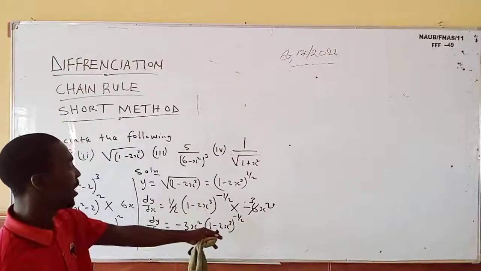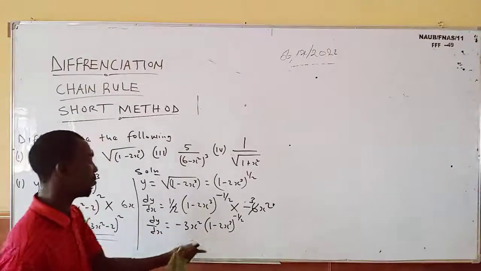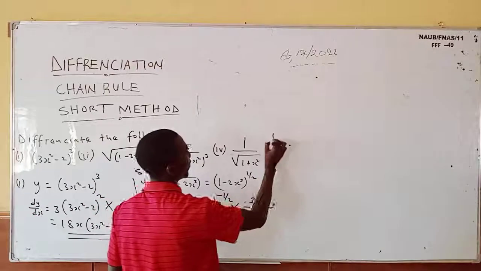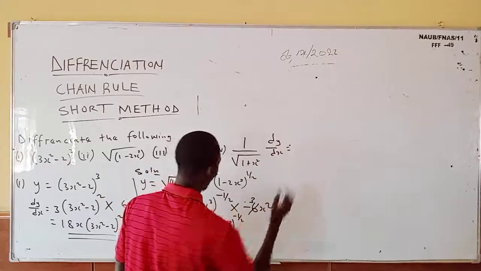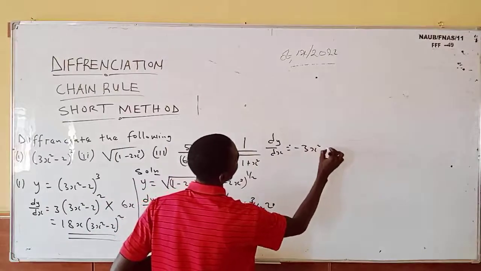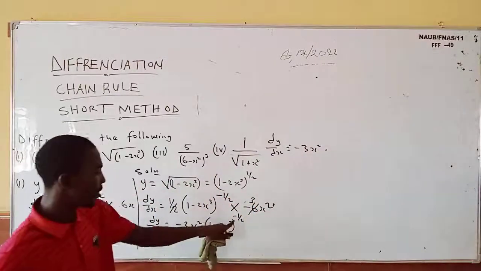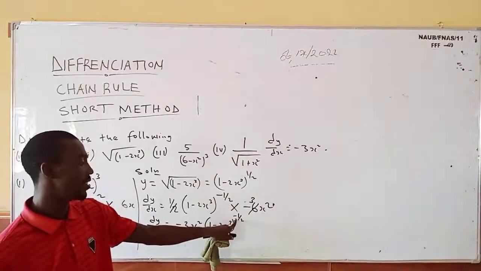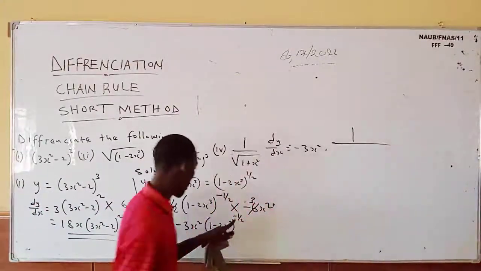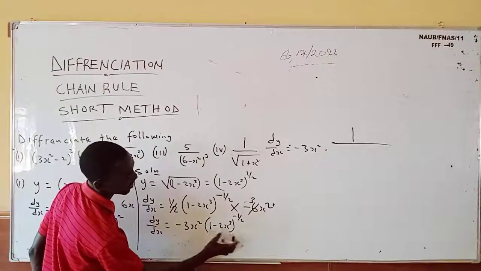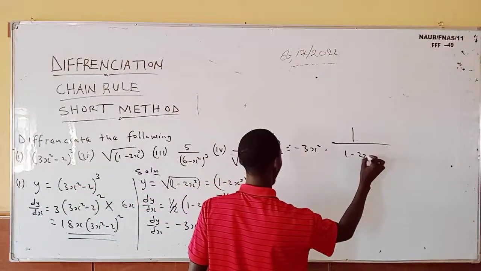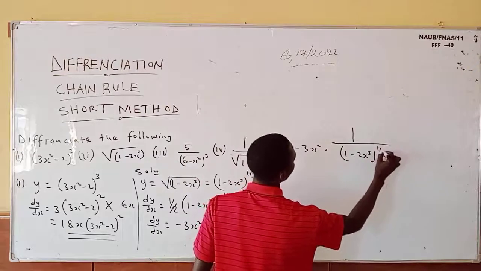And if you look at the options, most times your answer will not be arranged in this manner. So I guess your answer will be in this manner. dy/ds is, now this is what you will do, minus 3s squared multiplied by, now you see this negative sign you are seeing here, in indices is nothing but 1 all over. Then you will be left with everything that is here to the power of half. So it is (1 minus 2s cubed) all to the power of half.